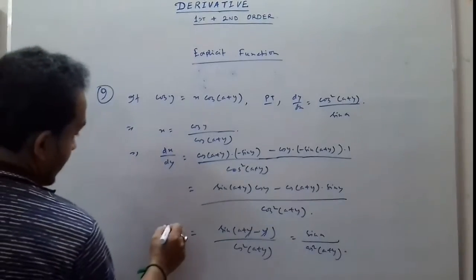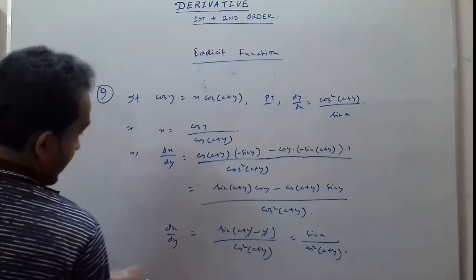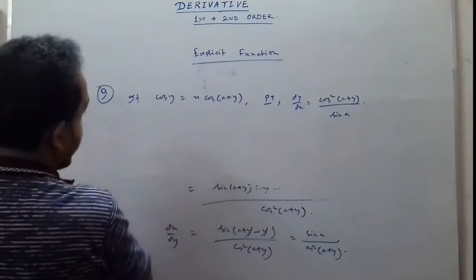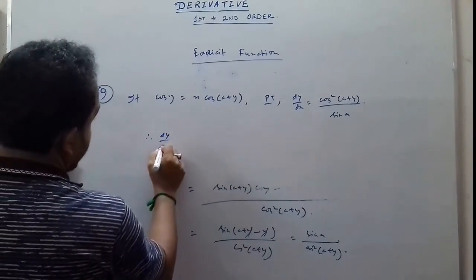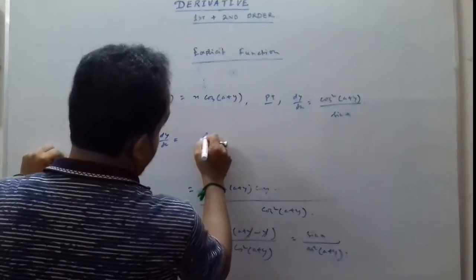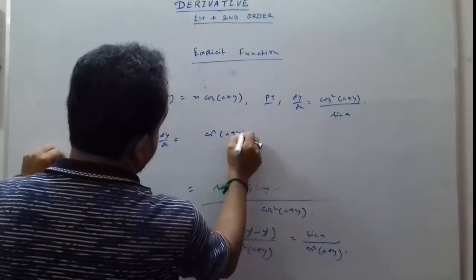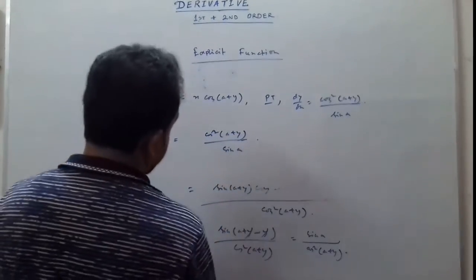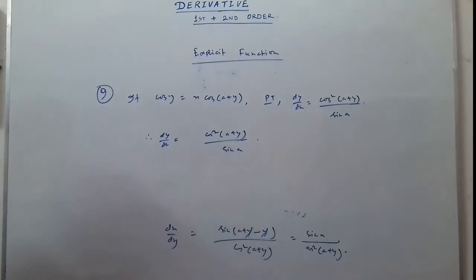This is our dx by dy. Now what is dy by dx? Therefore dy by dx is the reciprocal of this function, that is cos square of a plus y divided by sin a. Hence proved.